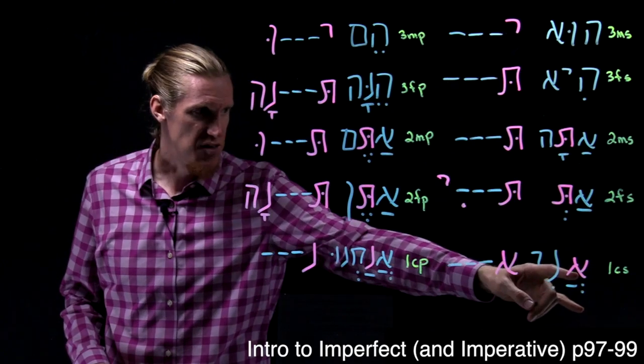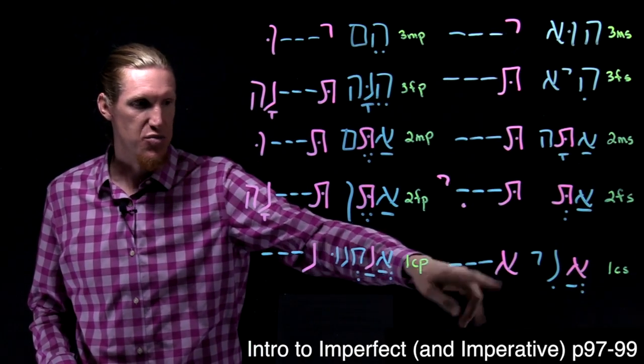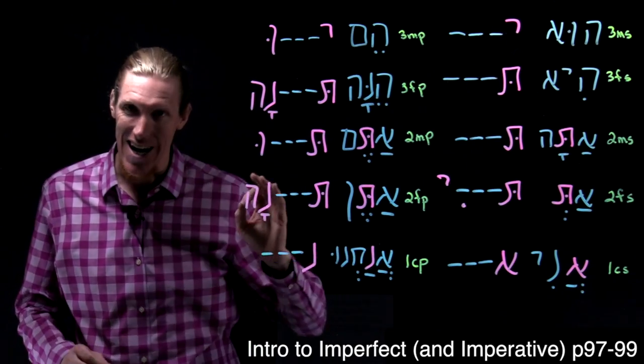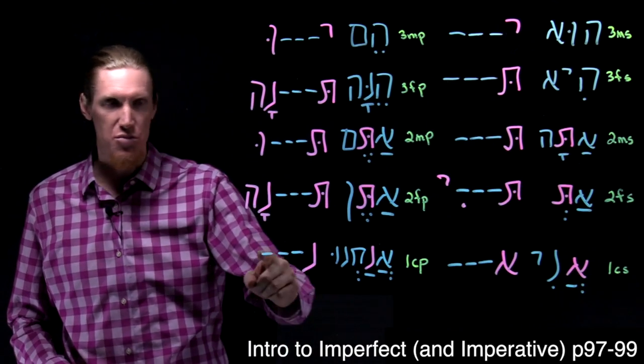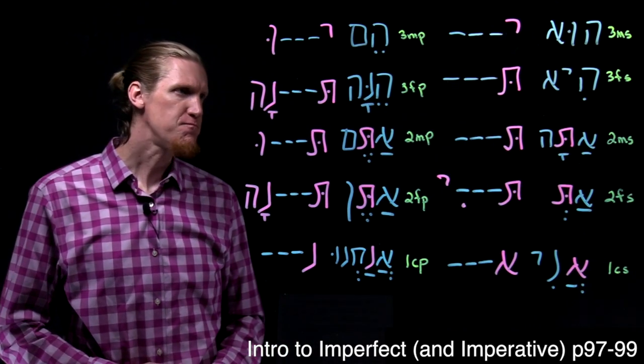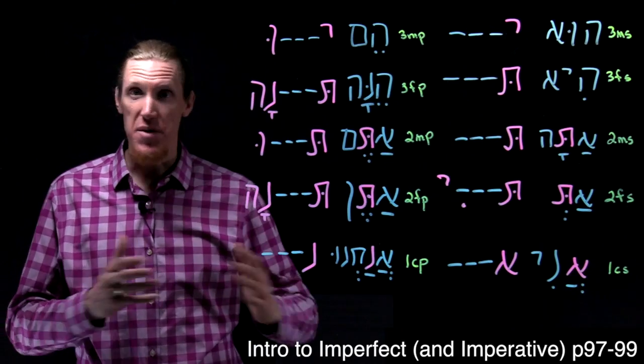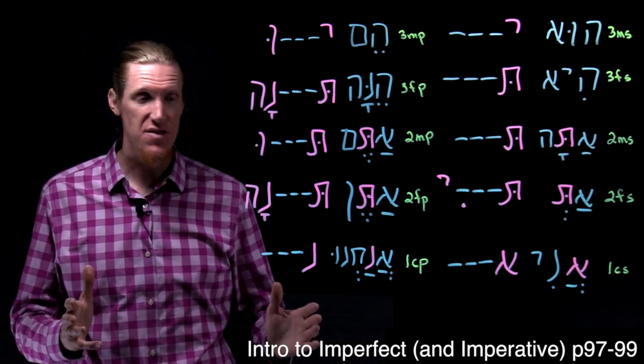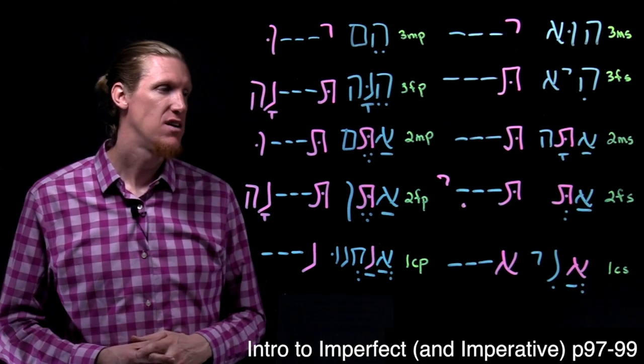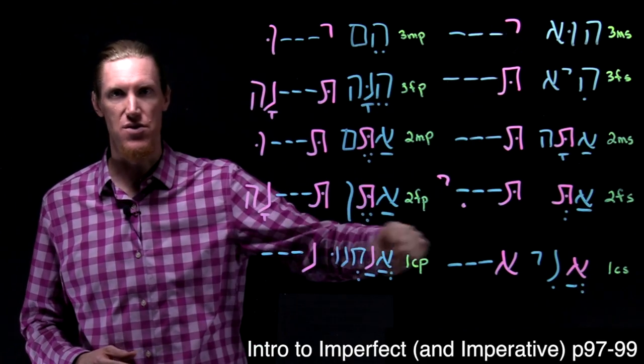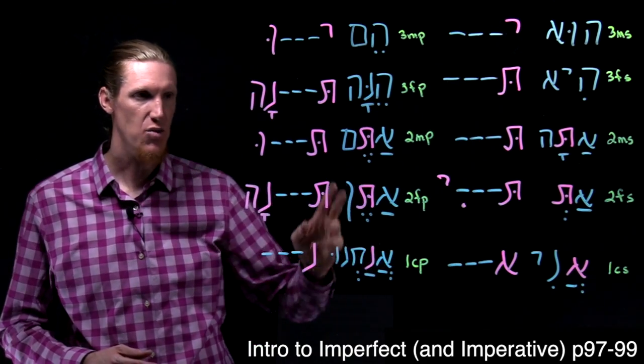You can see the aleph from ani and the aleph prefix, the noon from anachnu and the noon prefix right there. All feminine prefixes begin with tav. That's helpful and something to keep in mind. And again, all second person prefixes begin with tav.